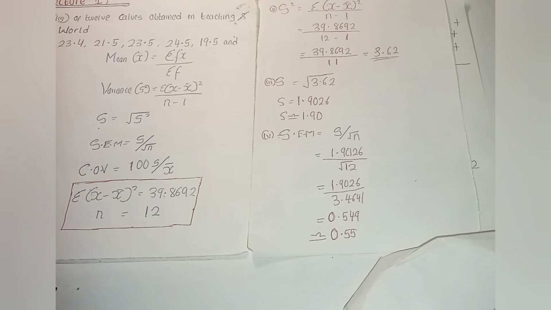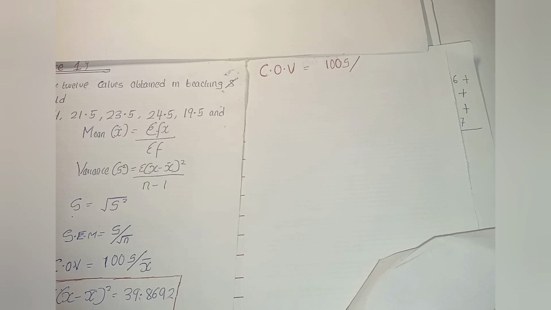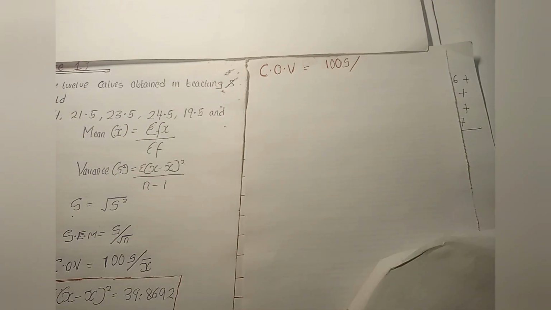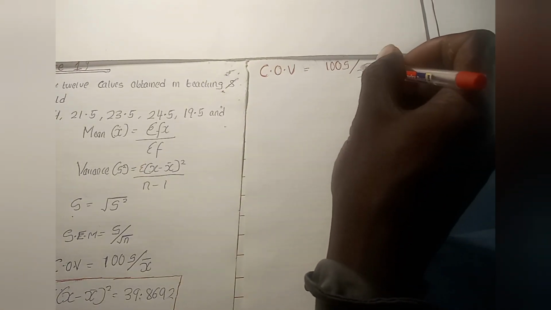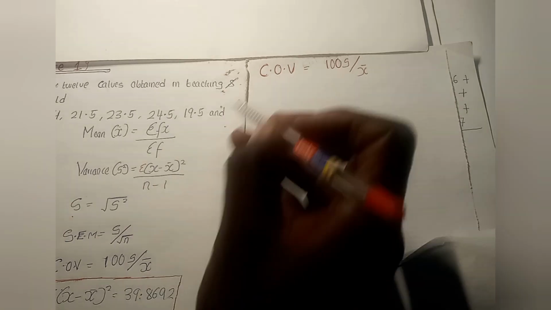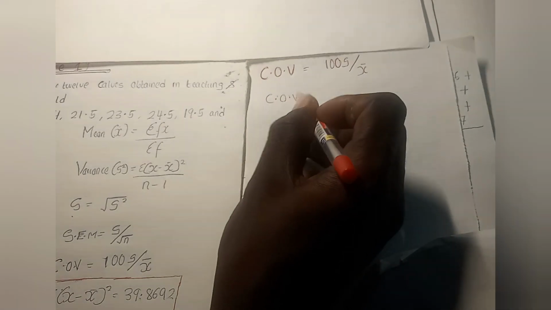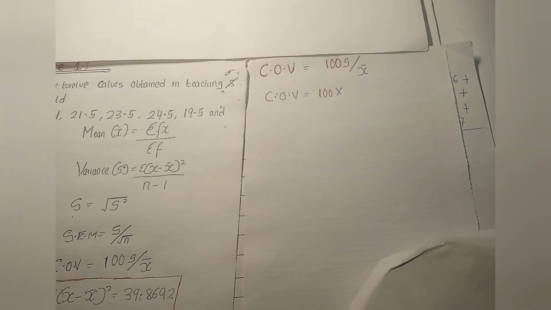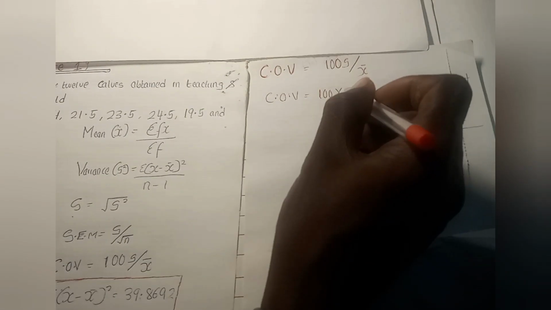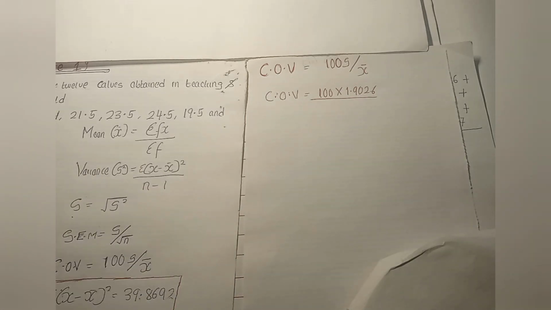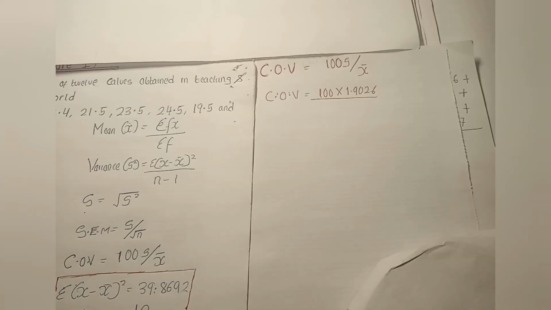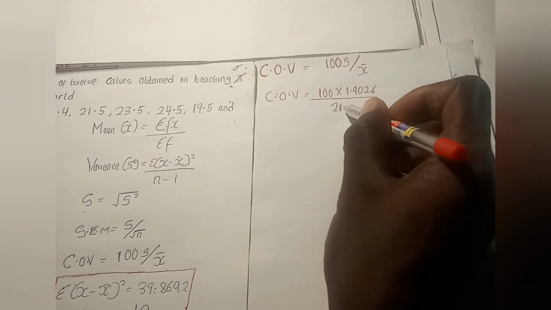If I want to get my coefficient of variation, it can easily be calculated by 100 multiplied by standard deviation divided by mean. My COV, coefficient of variation, is equal to 100 multiplied by my standard deviation, 1.9026, all over my mean, which is 21.44.